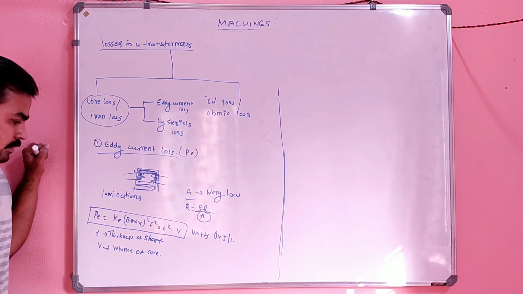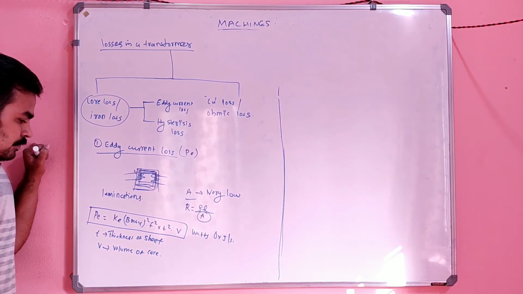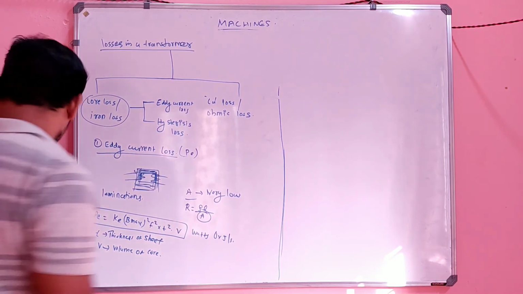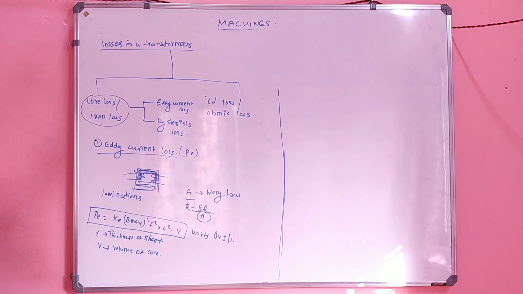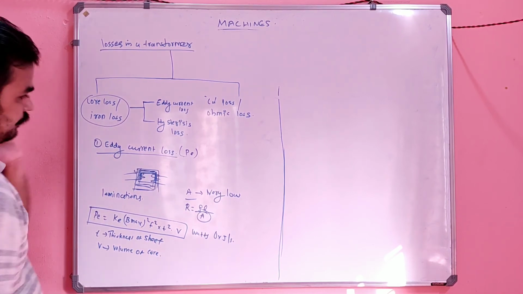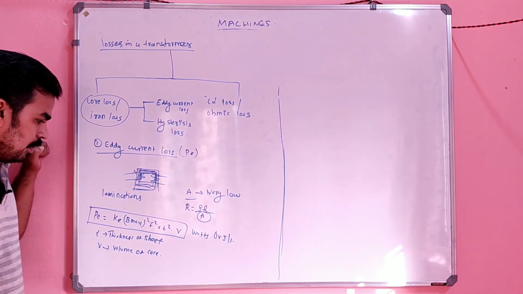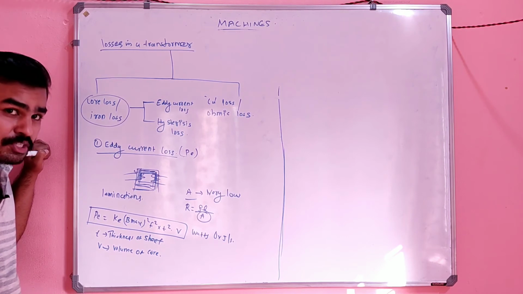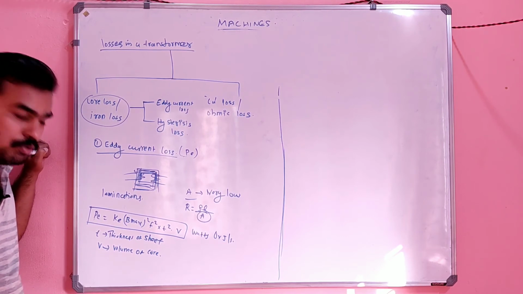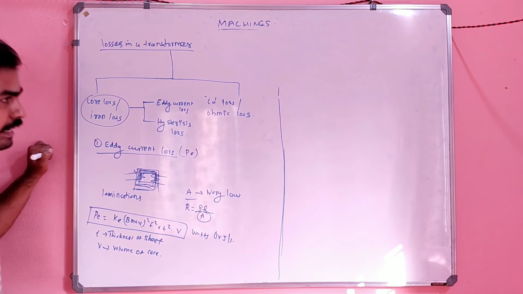That much watt. So this is the equation for power loss due to eddy current, right? PE means power loss due to eddy current.